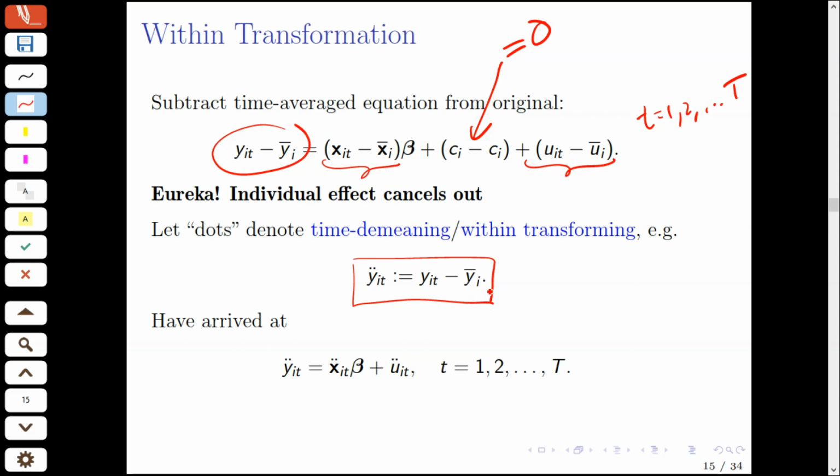Here, yit with double dots over it just denotes the original yit, the outcome for individual i in period t, upon subtracting the time average for the same individual. Then we may express the previous equation as a linear equation relating the time demeaned outcomes to the time demeaned regressors, up to the time demeaned unobservables, the time demeaned UITs.